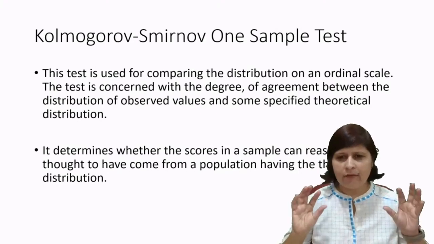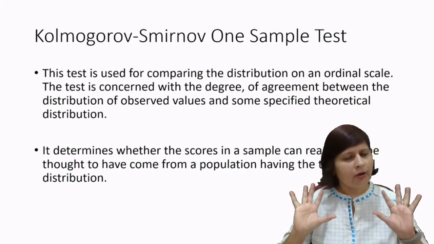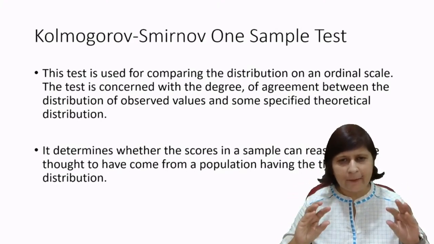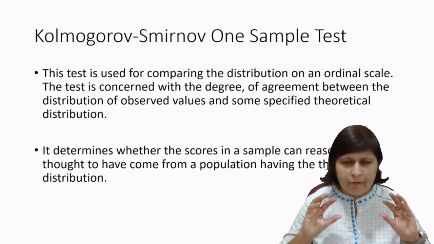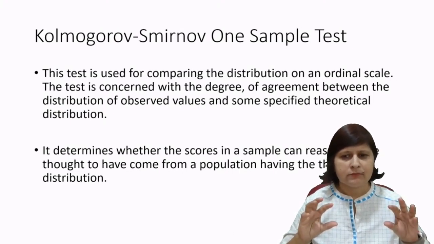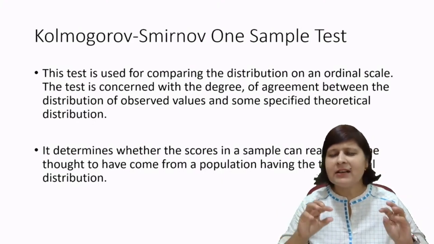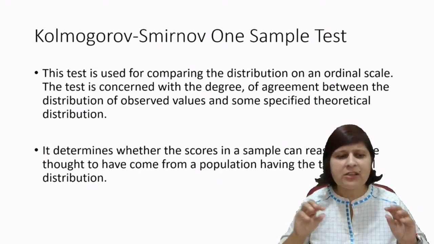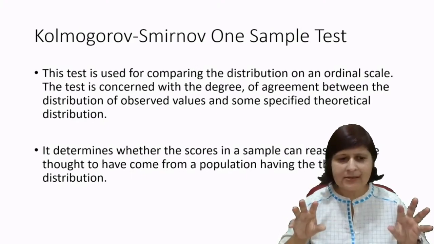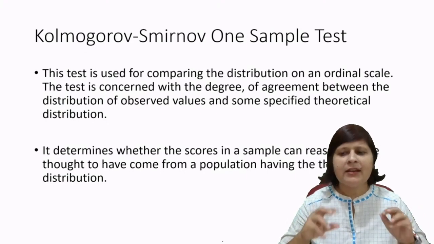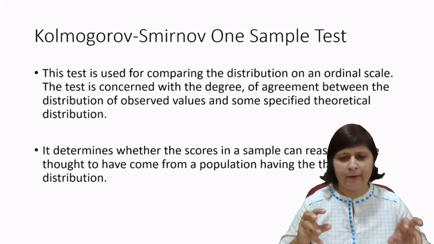See, there is a given specified theoretical distribution, and when you compare the observed value with that specified theoretical distribution, only then can you analyze whether there is a significant difference or not.